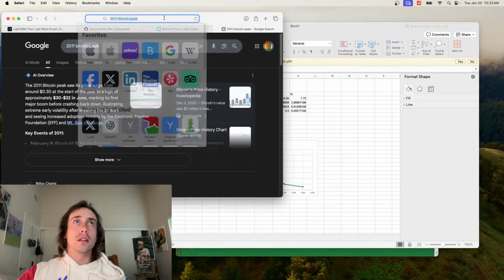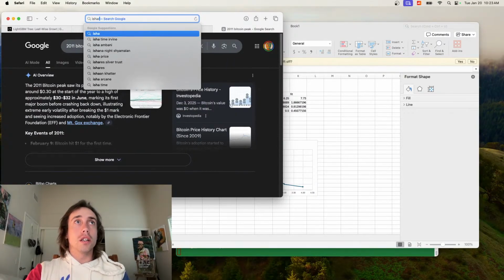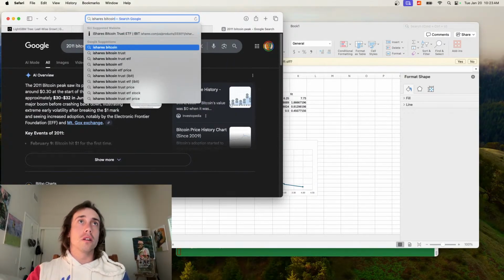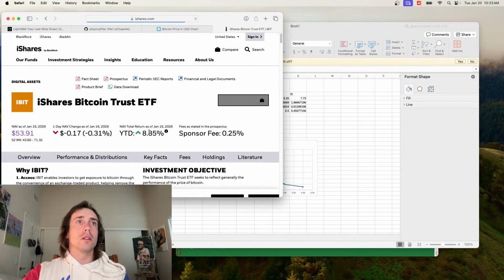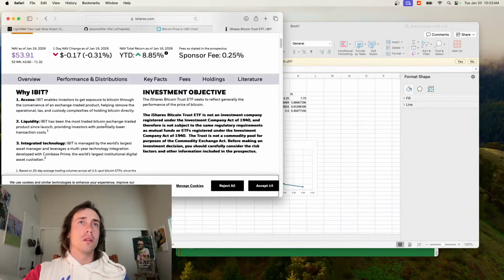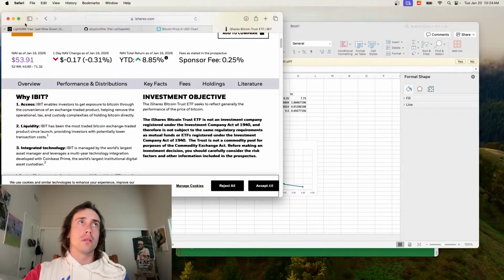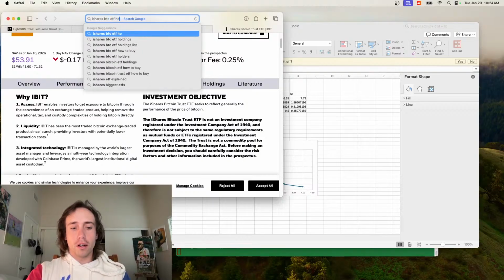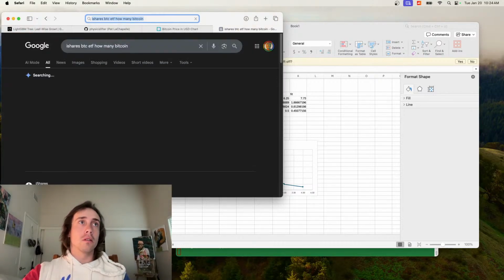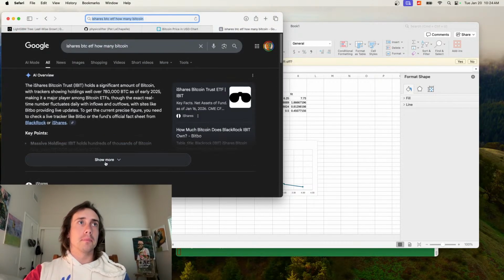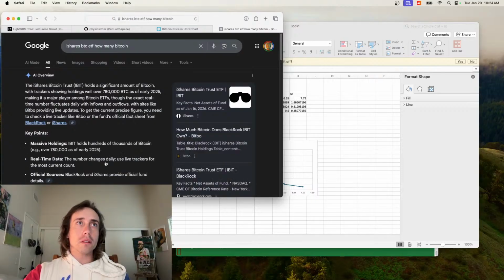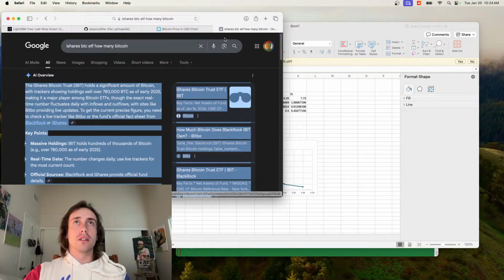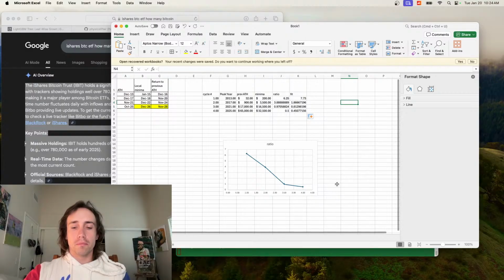let's go look at iShares. So iShares Bitcoin Trust ETF. How much Bitcoin do they hold? How many Bitcoin do they have? Okay, so 780,000. Let's be conservative and say they have 850K Bitcoin.